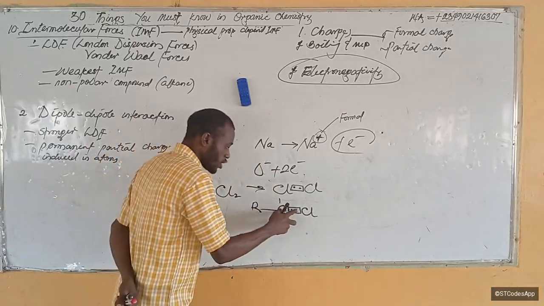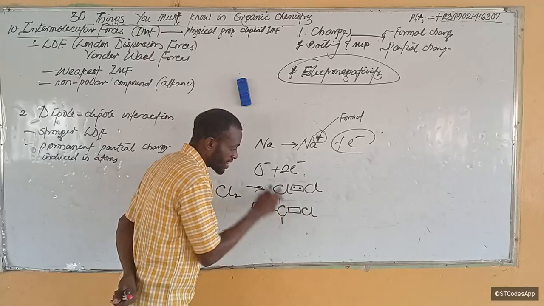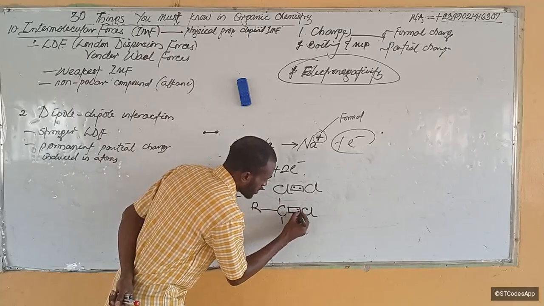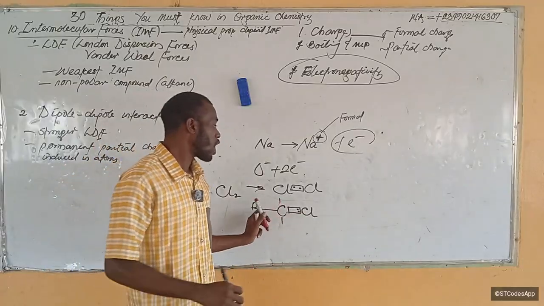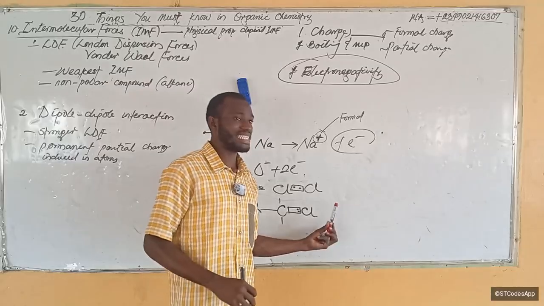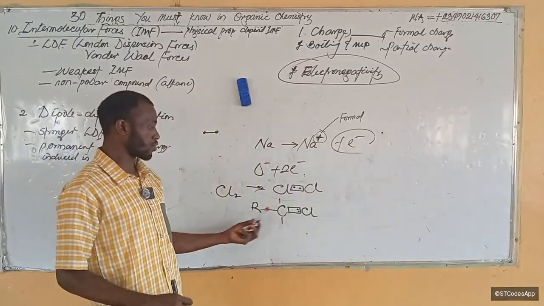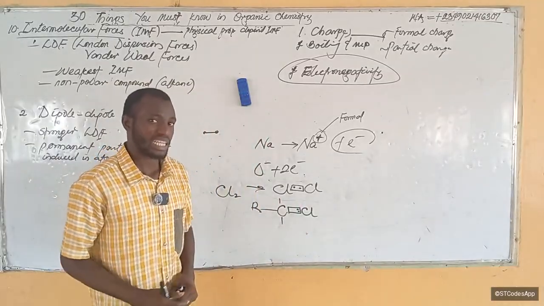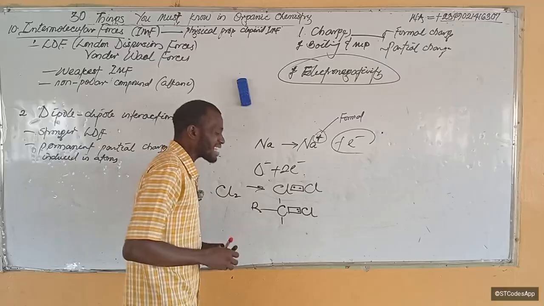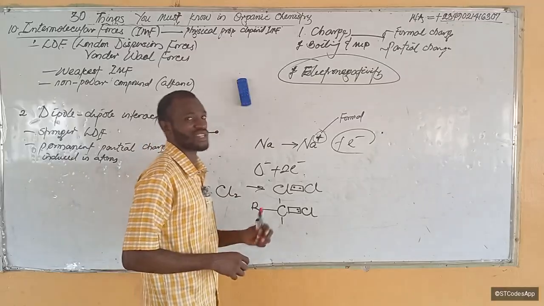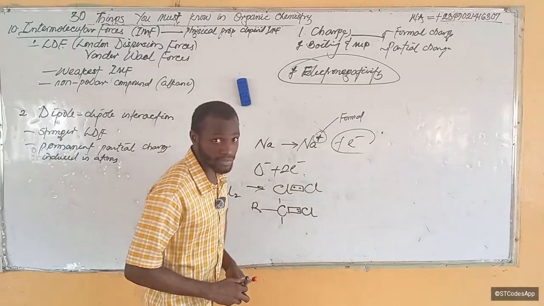Though there is still a bond, you will find the electrons somewhere around here. What do you notice? The electrons are sitting closer to chlorine than to carbon. What is the reason? The reason is that carbon has a lower electronegativity value than chlorine.